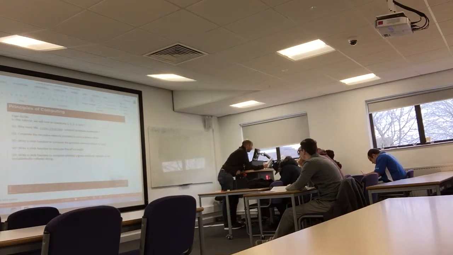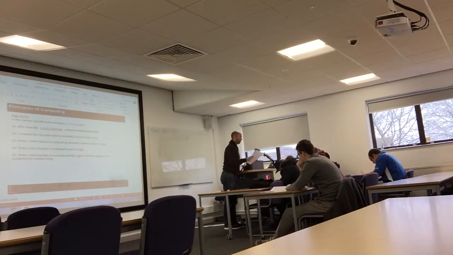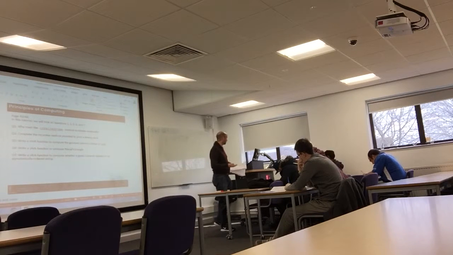It probably makes more sense if you look at the function below, where it says int m equals n divided by 2. It's casting it to an int straight away. Okay.